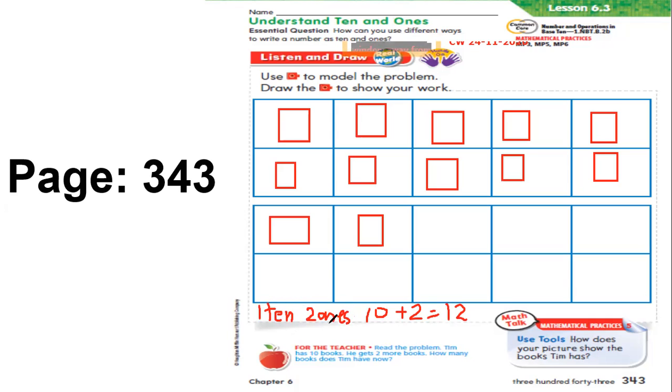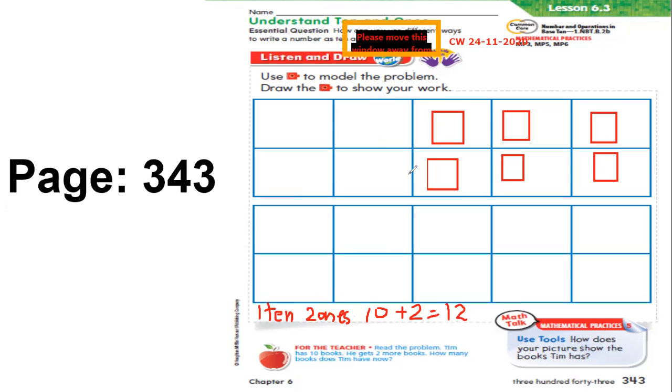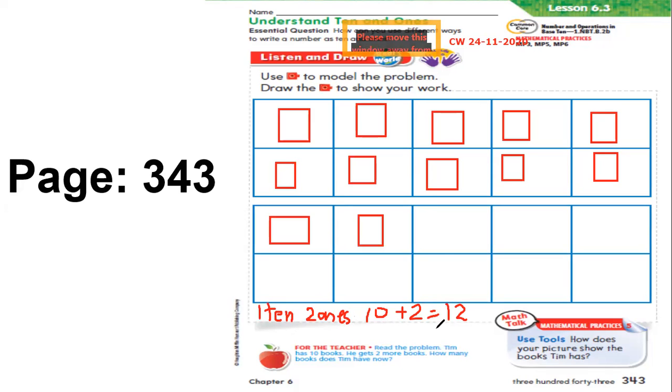So 1 ten and 2 ones. So that will become 12. Yes, very good. Eileen, Rawand, Warif, excellent. Yes, that will give you 12.